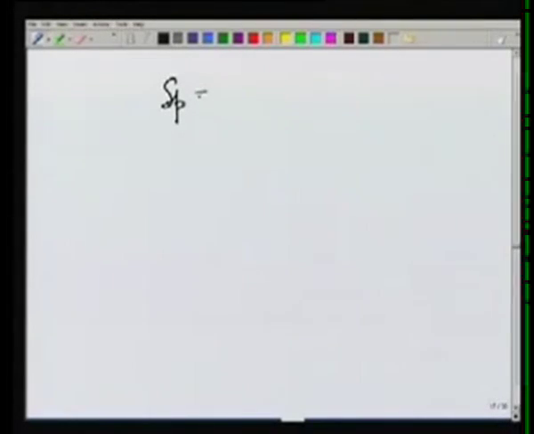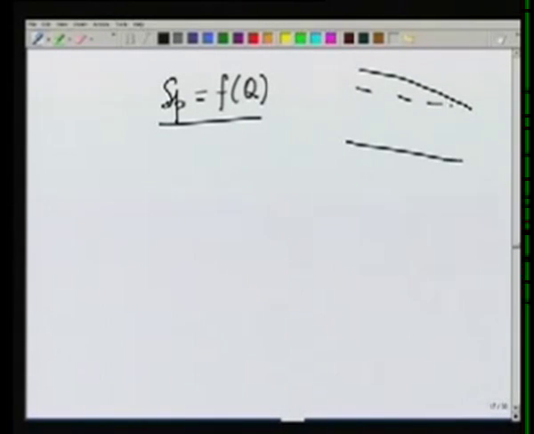And the equation which we typically use is that prism storage will be a function of Q, because the prism storage is taken based on the downstream depth, and the downstream depth will directly affect the outflow. Therefore, the prism storage will be a function of Q. The wedge storage SW is typically a function of the inflow.